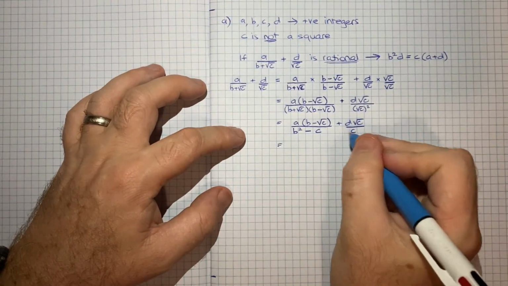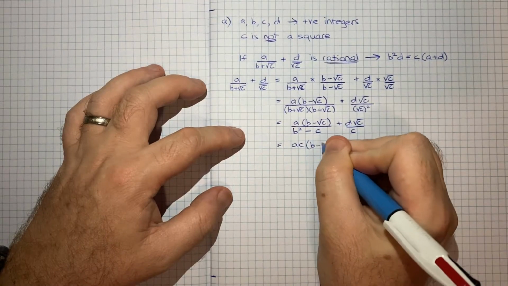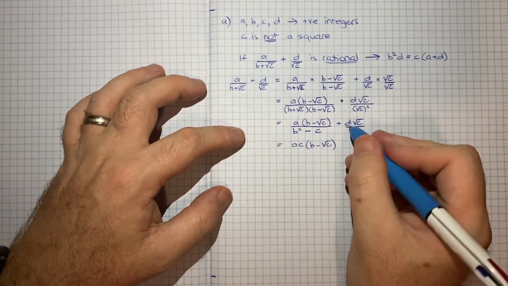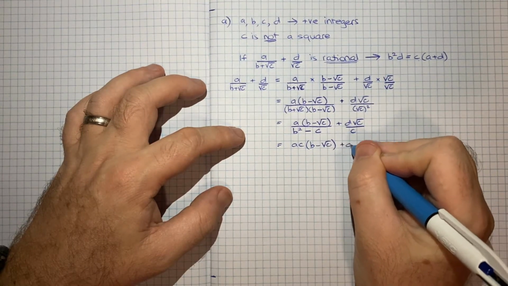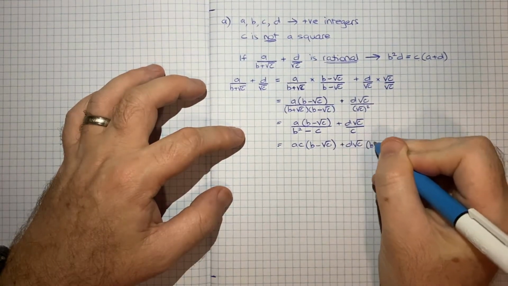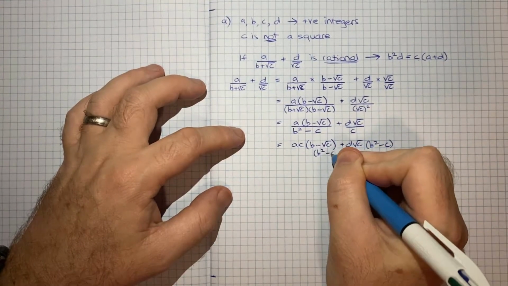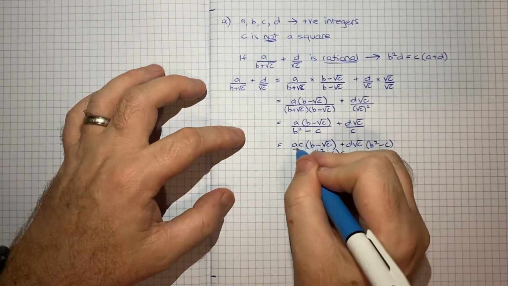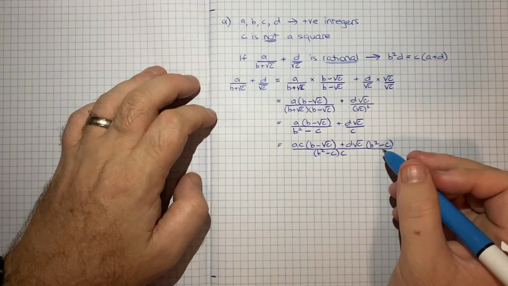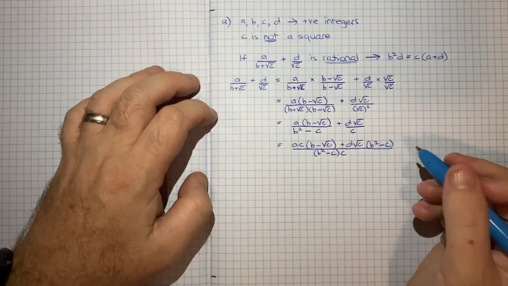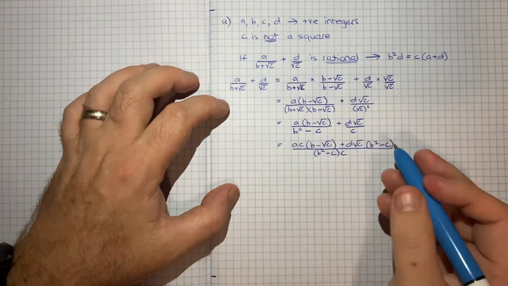So I'll multiply up the c, so we'll get ac bracket b minus root c, and for this I'll multiply up the b squared minus c, so plus d root c bracket b squared minus c, and now we can write that all over b squared minus c times c. So we've got this common denominator. Let's clean it up a little. I think we can expand these brackets and see what we get.